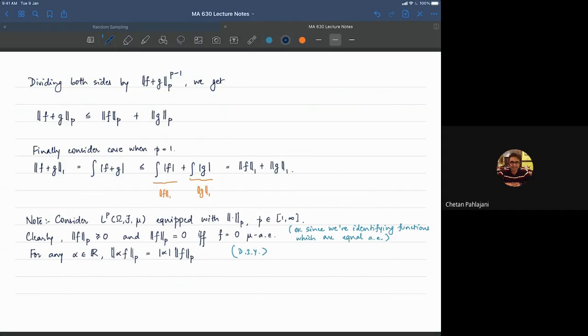And finally, Minkowski's inequality. The norm of f plus g in p is less than or equal to the norm of f in p plus the norm of g in p whenever... okay, so actually let me do the following.